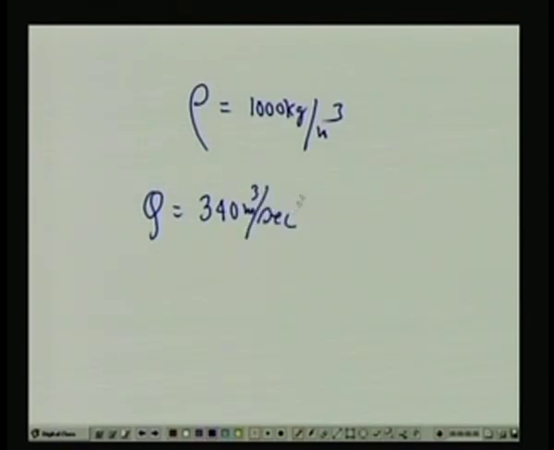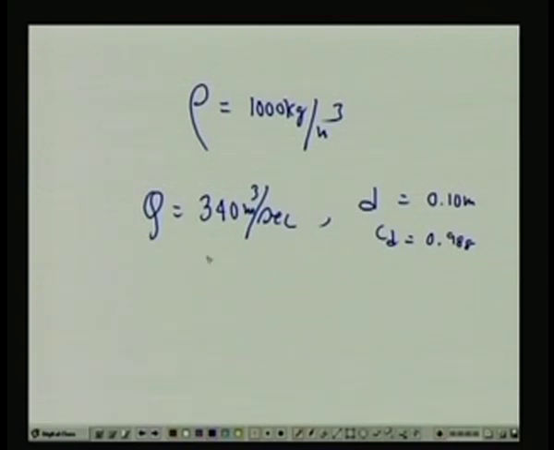Now, here I am taking D equal to 0.10 meter, for which CD is coming from the chart as 0.988. For a Venturi meter, you know the flow coefficient is always very high, right.